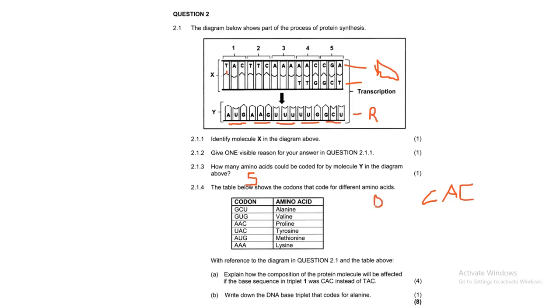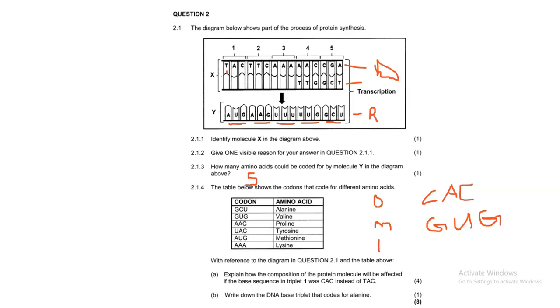And then we know it will go to mRNA. So mRNA, we know it will complement my DNA. So it will be G, U, and then G. So GUG, that's my mRNA.